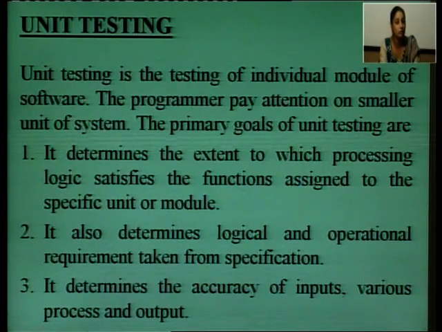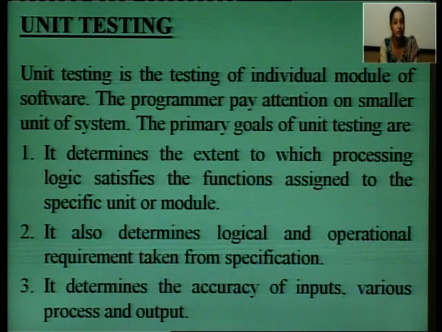The primary goal of unit testing is to determine the extent to which processing logic satisfies the function assigned to the specific unit or module. It tells us the function which is assigned to the specific unit of the module. It also determines the logical and operational requirements taken from the specification, that is, every requirement given by the user in the SRS.